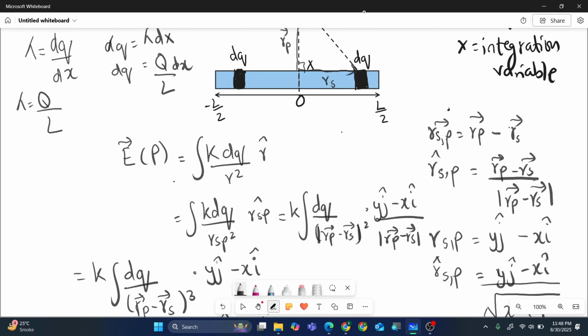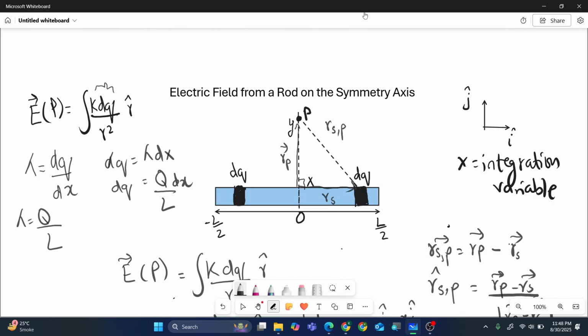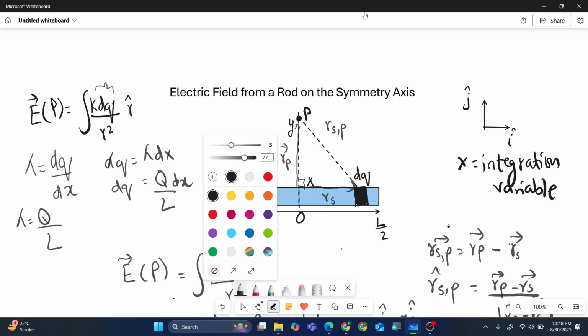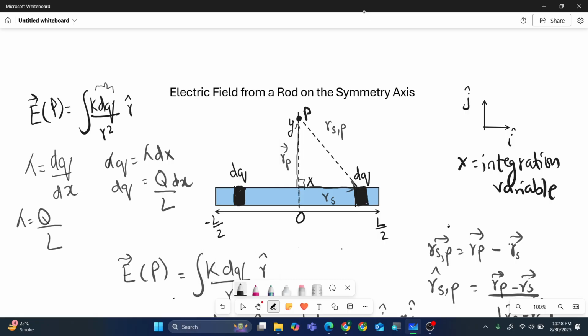Now let's talk about an interesting point here. Due to symmetry, I know that my electric field at point P by the left side is in this direction. My electric field at point P by the right side, by the right element dq, is in this direction.